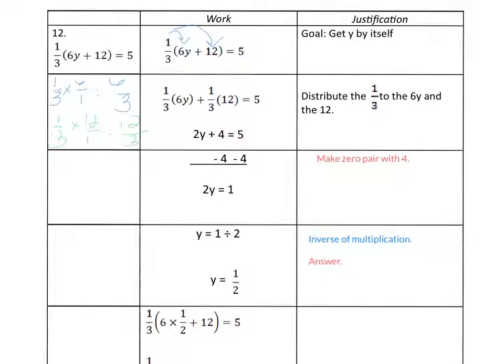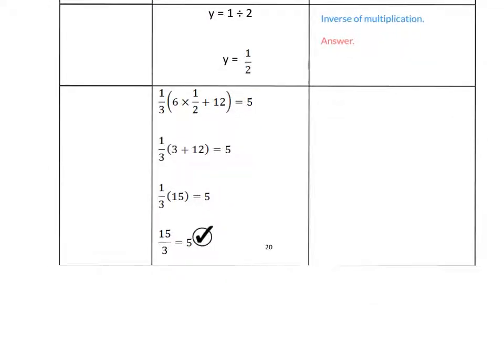So we're left with y equals 1/2. And then last but not least, we need to check our answers using PEMDAS. Go back to the original equation where it was the distributive property and use order of operations to solve it. Congrats on solving equations using integers and fractions.